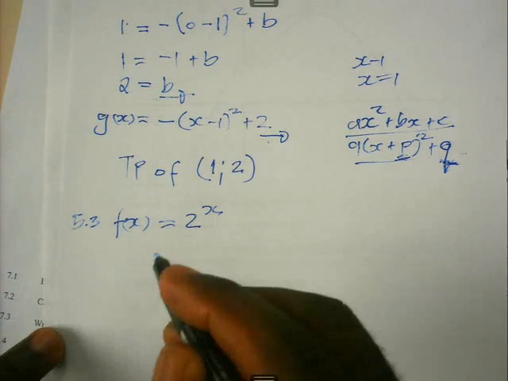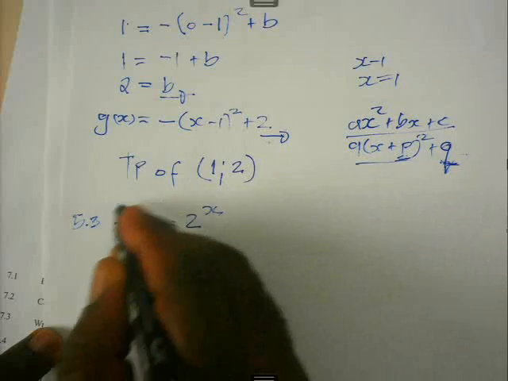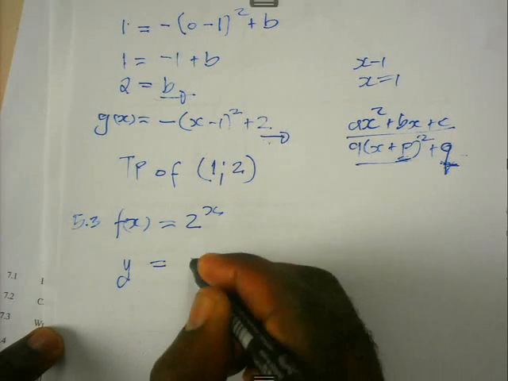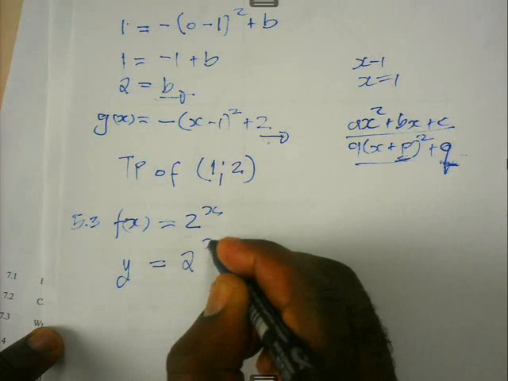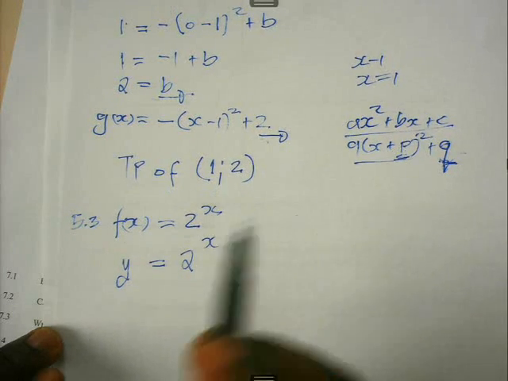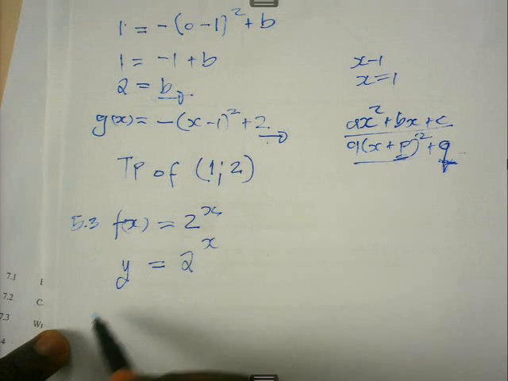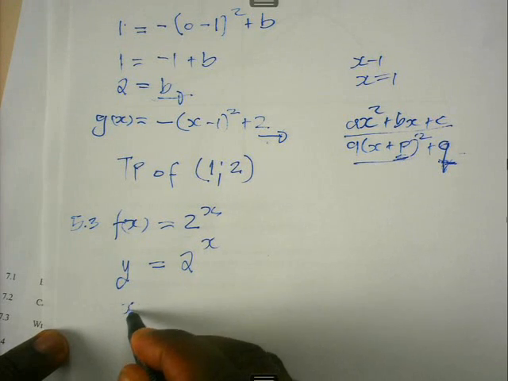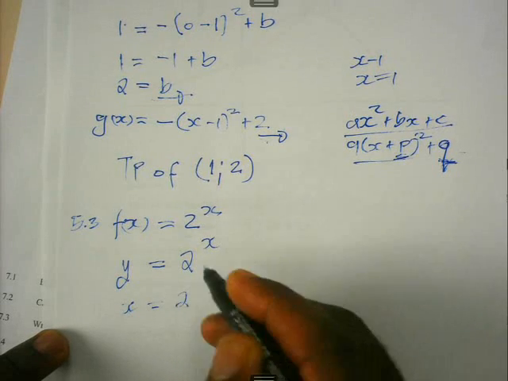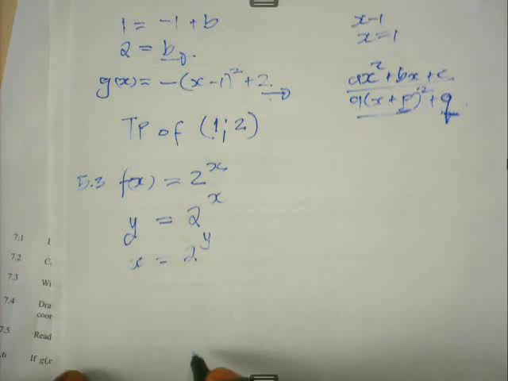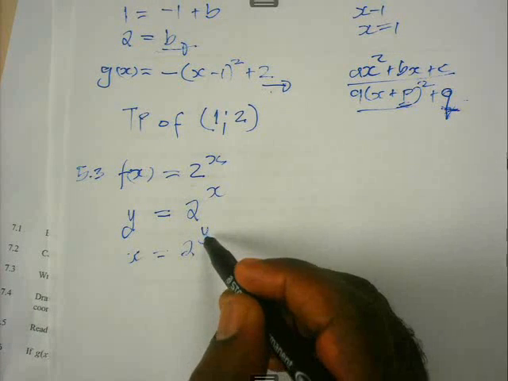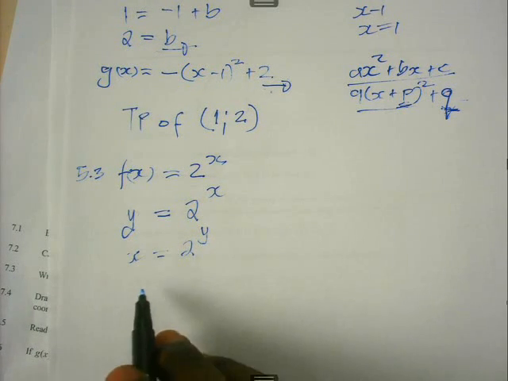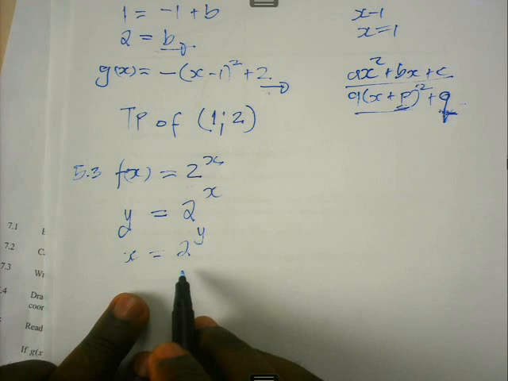All right, let's do this. Let's say f of x is y. You say y will be equal to 2 to the power of x. We know the long story of interchanging x with y, wherein we are going to have x being equal to 2 to the power of y. Now when we arrive here, you must always make y the subject of the formula. Hence, now you will have to introduce the log.